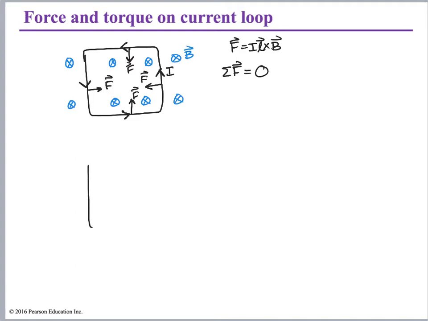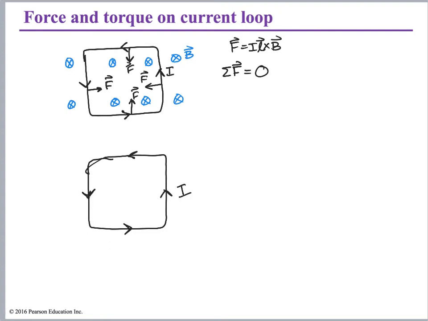So let's draw a different scenario, because what we're looking at in these scenarios are sort of extremes, if you will, in how much torque you're going to feel. And the extremes are governed by the orientation of the loop of wire and the magnetic field.